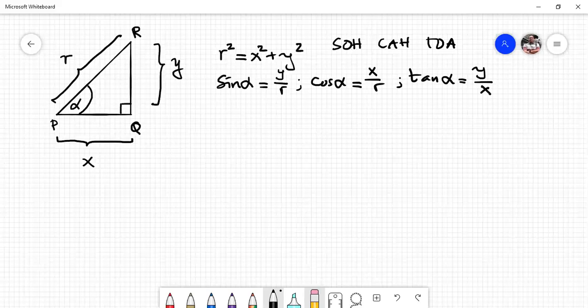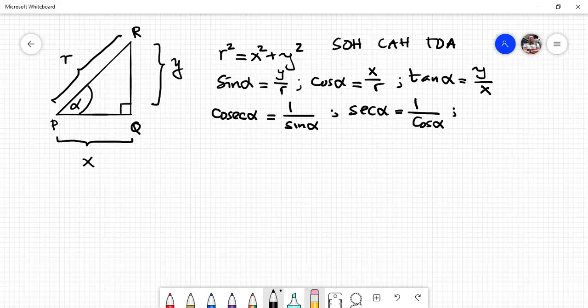And then, bear in mind, these three basic trigonometric ratios have reciprocals, such as cosecant alpha, which is 1 out of sine alpha. And then we have secant alpha, which is 1 over cosine alpha.